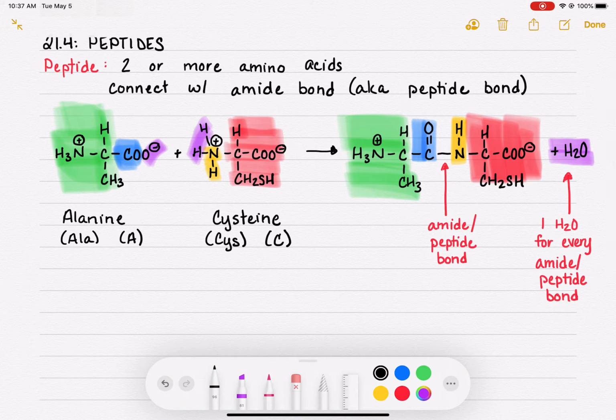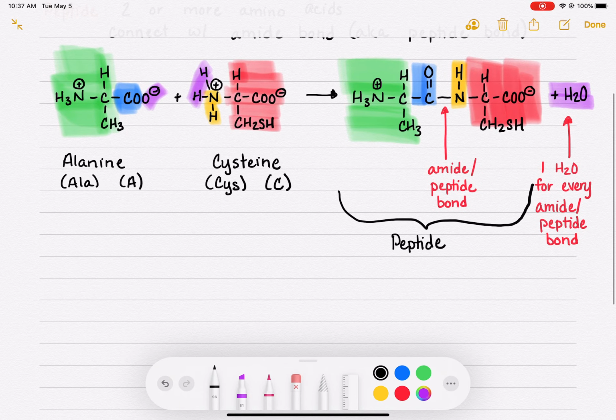So this whole thing together right here that we've made, this guy, is our peptide. It is made up of, this particular one is made up of 2 amino acids. Its name is AlaCys, which comes from the names of the 2 amino acids that are incorporated in that peptide with a dash in between the abbreviations.